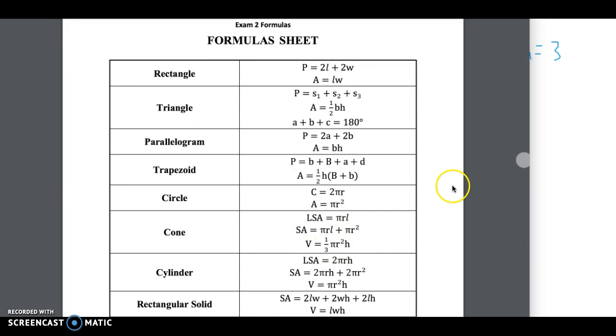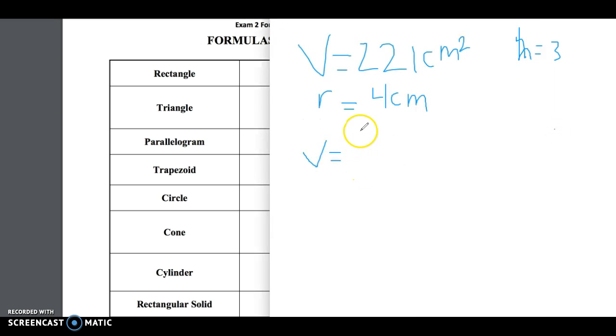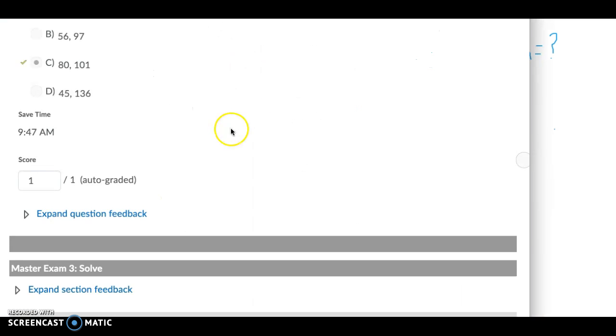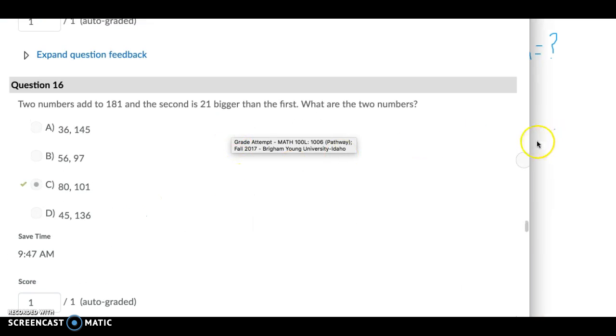So we got this: volume equals 1/3 pi r squared times my height. So height, I don't know why I wrote a 3 there. It should be a question mark. So height is what I am trying to find.